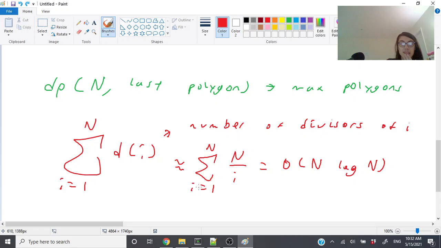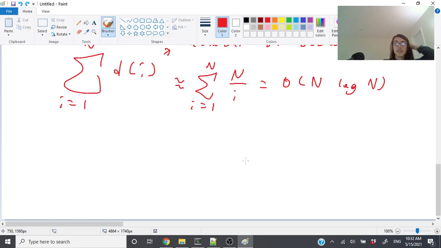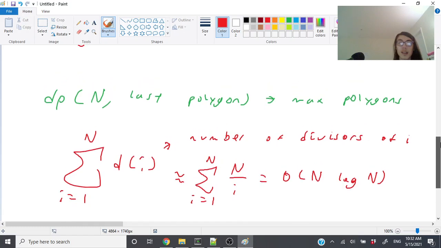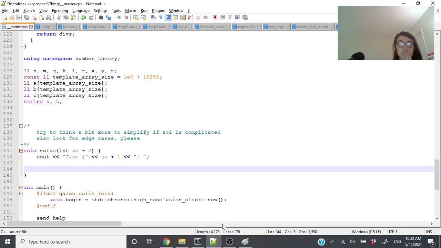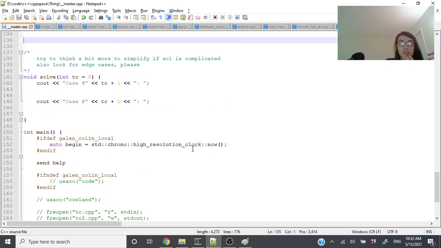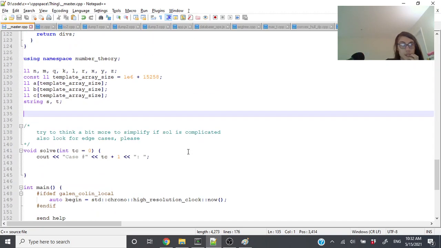So really the complexity we're interested in is the sum of d(i) squared. Because this will have that many states and it will have that many divisors as well. So, naively, I feel like that should be fine. Although I'm not sure. So, okay.